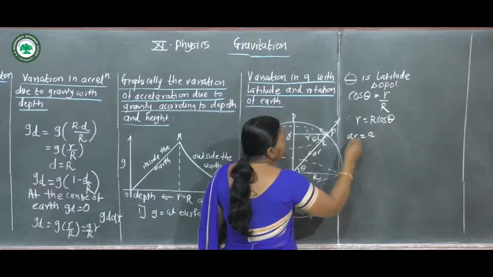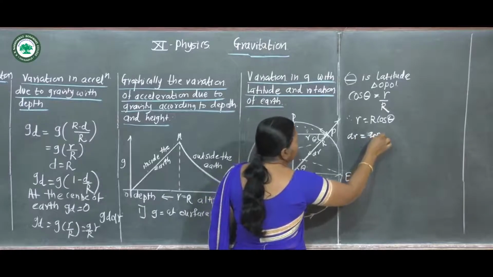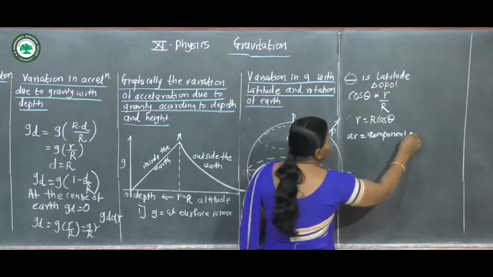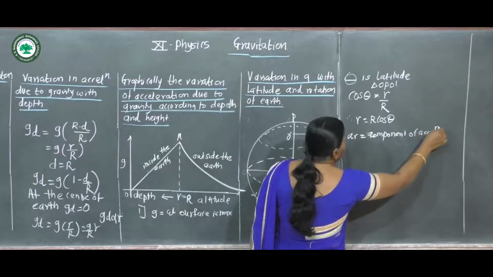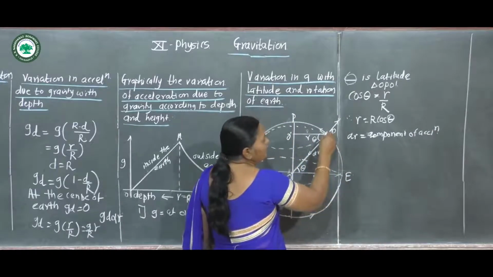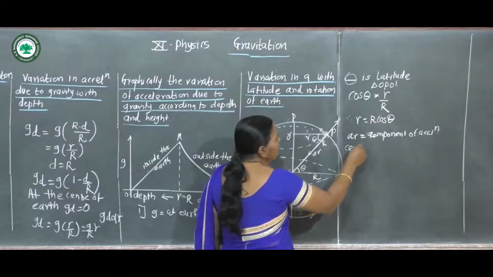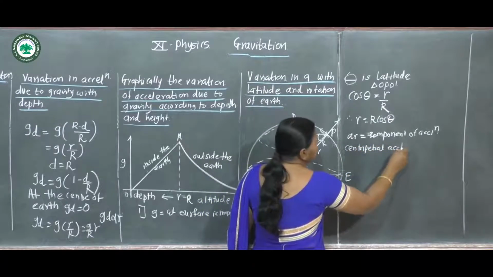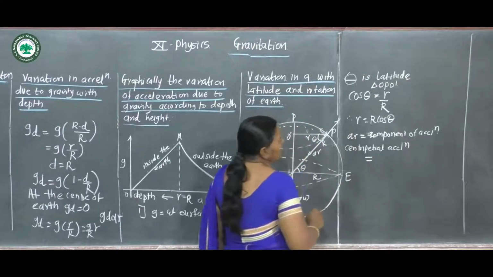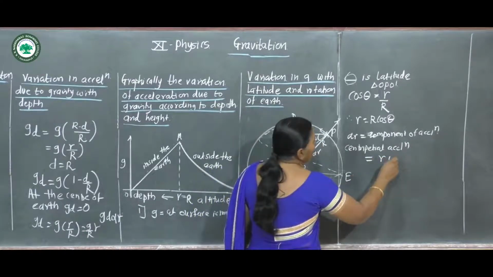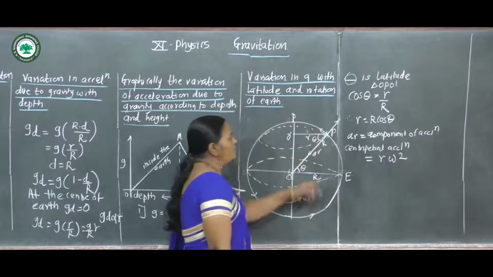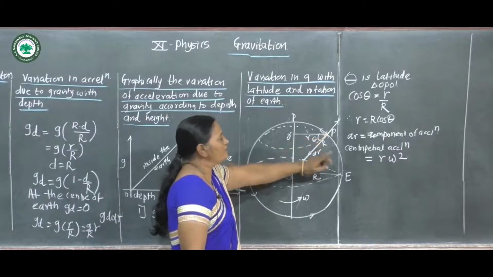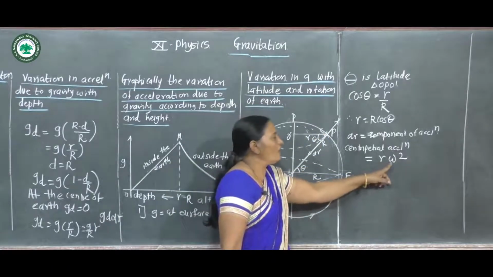The centripetal acceleration acting on this point is equal to r omega square.